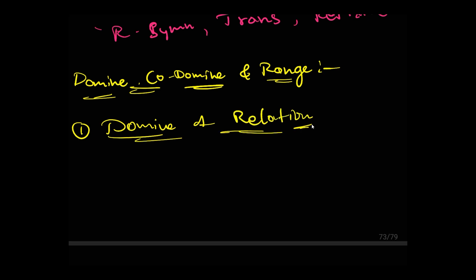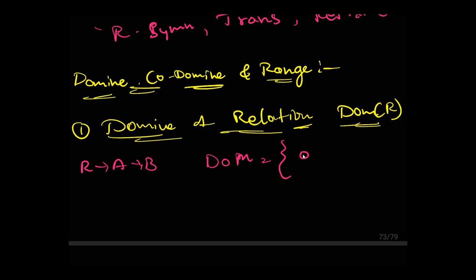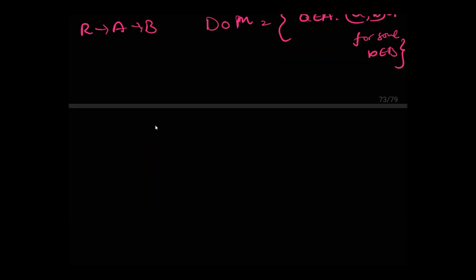We denote it as dom(R), and the definition is: for a relation R from A to B, we call the domain of R all a belonging to A such that (a, b) belongs to the relation for some b belonging to B.